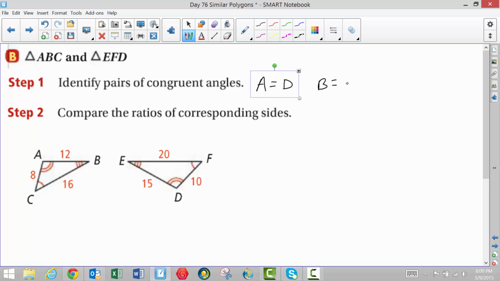B has 3 arcs, that goes with E, and C goes with F. So I do have corresponding angles congruent. Now I need to do the side ratios. So my side ratios, I have my AB side. Okay, AB side gets compared to DE.